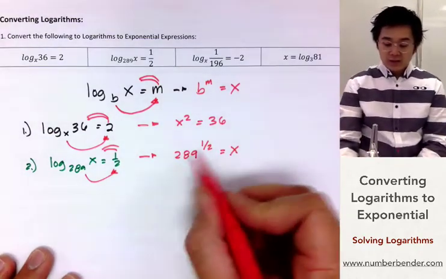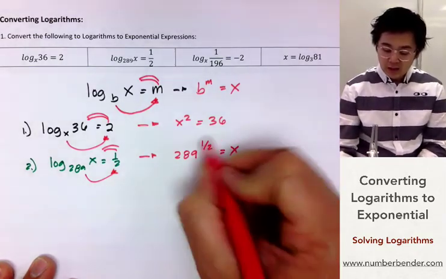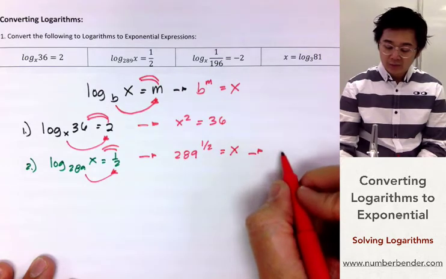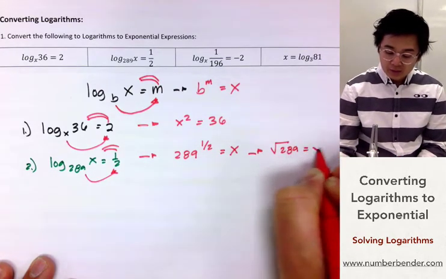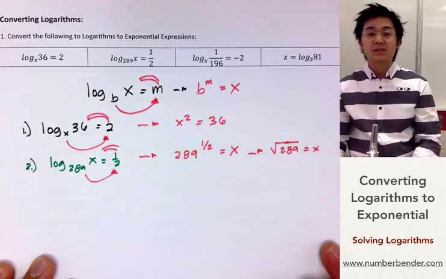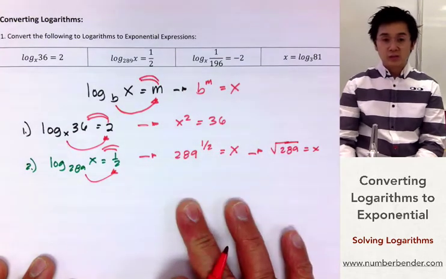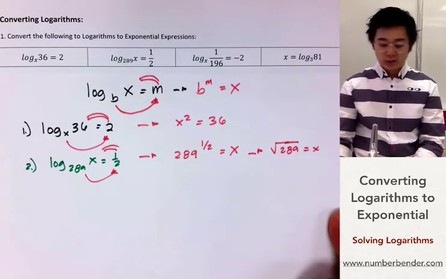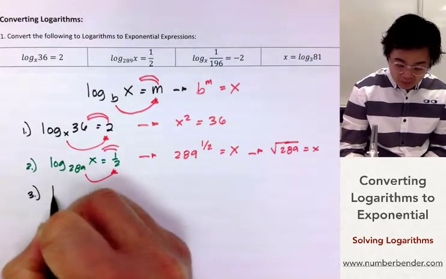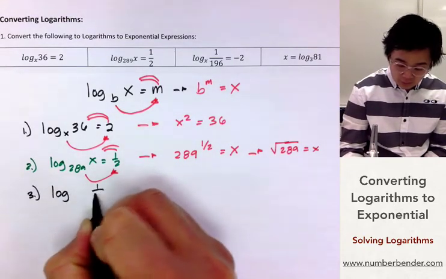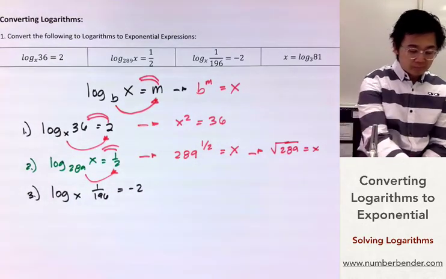Or similarly, an exponent of 1/2 is simply the square root of 289, which is the value of x. So basically, this is how we can solve logarithm by converting it into exponential and simplifying our expression, or in this case, equation.